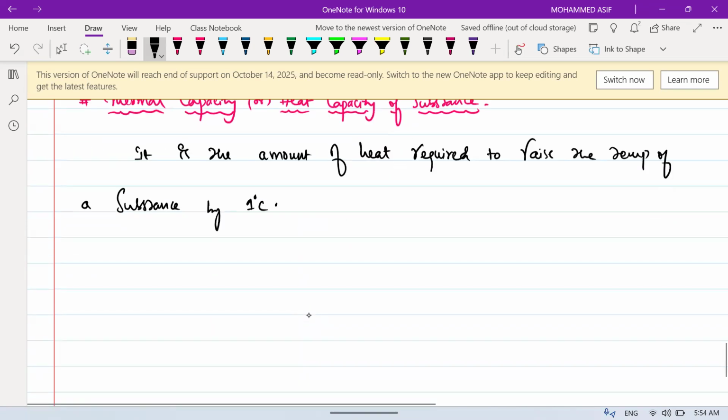That means dQ divided by dT is equals to m into s.